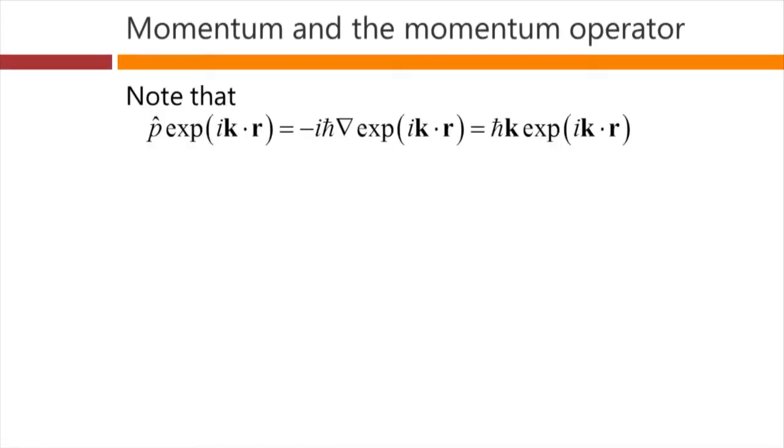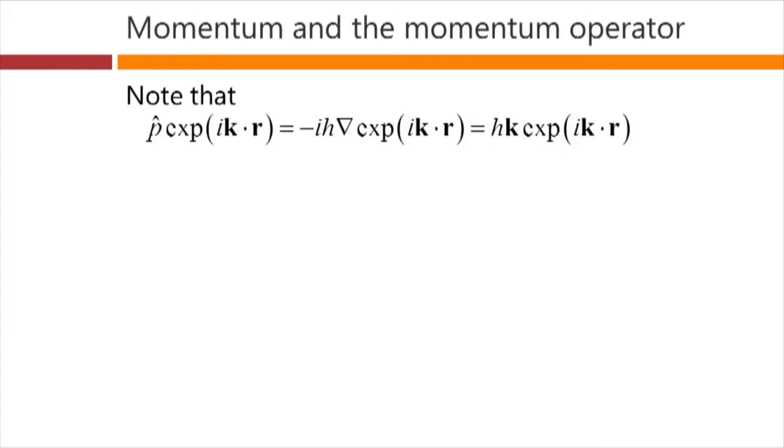Now, note that if we operate on the state e to the i k dot r with the momentum operator, that would be minus i h bar times the gradient of e to the i k dot r. If we take the gradient of e to the i k dot r, using the components in each of the different vector directions, we're going to get i times k e to the i k dot r.